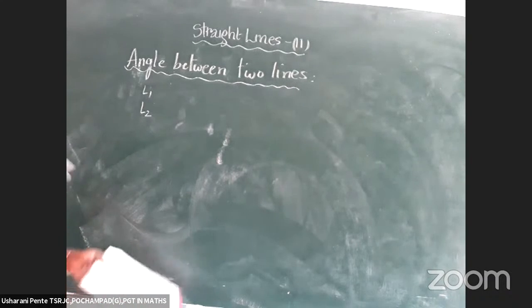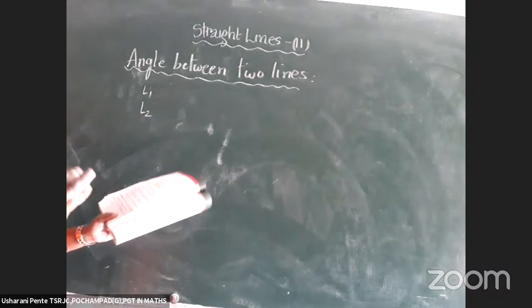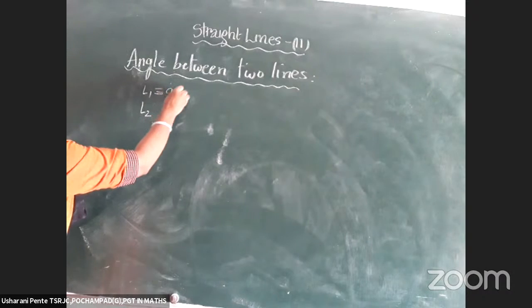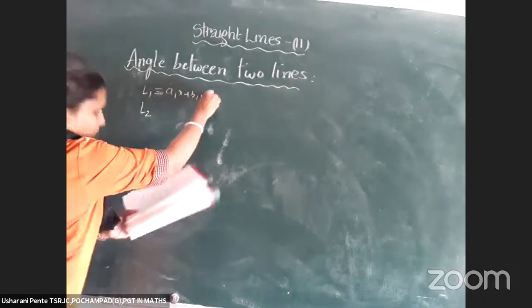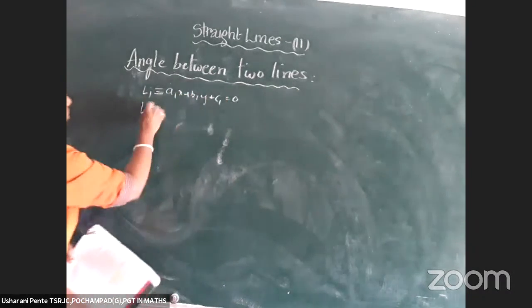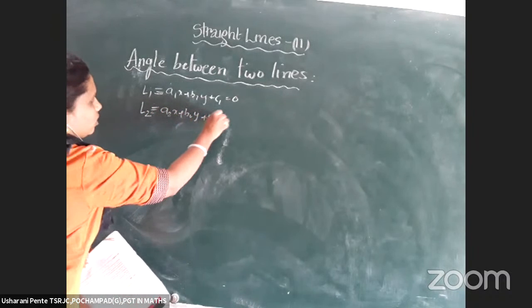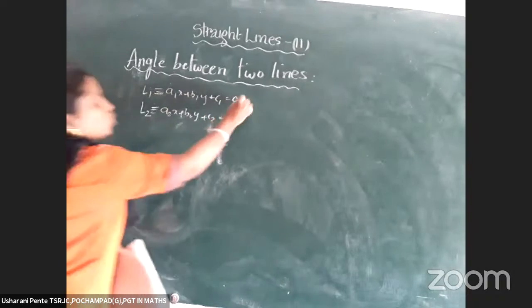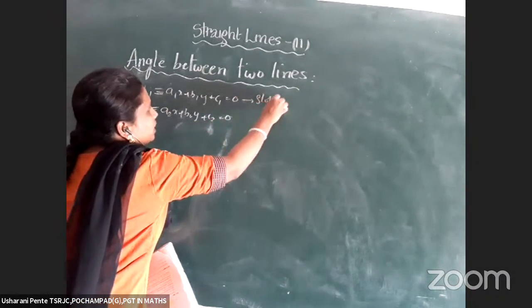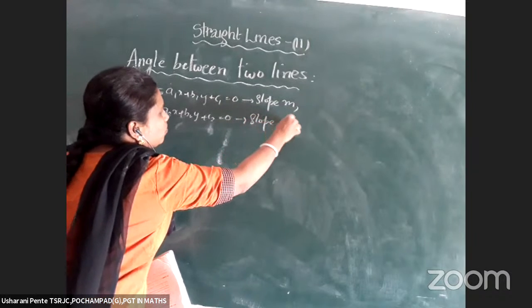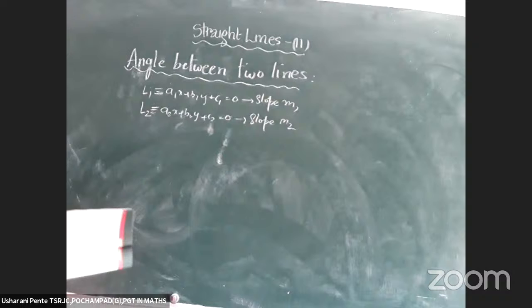They are not vertical, they are non-vertical straight lines. Then the angle between A1x plus B1y plus C1 equals 0 and A2x plus B2y plus C2 equals 0: the slope of the first line is M1 and the slope of the second line is M2.